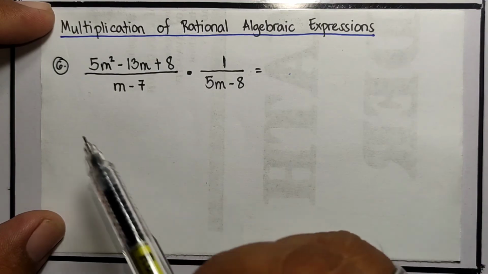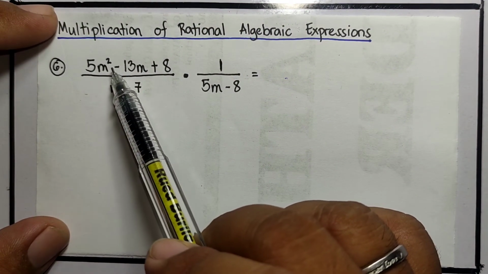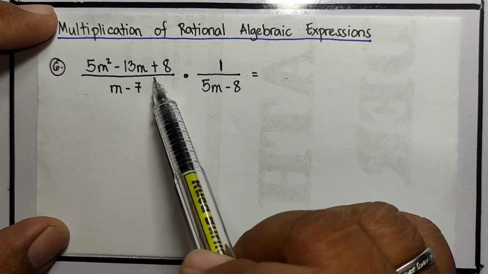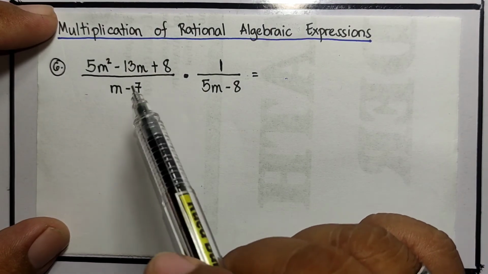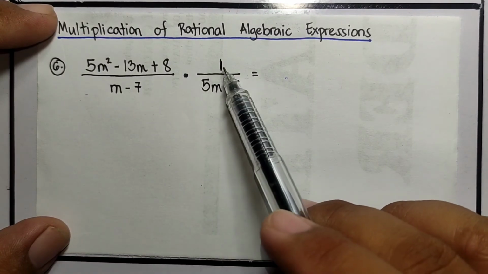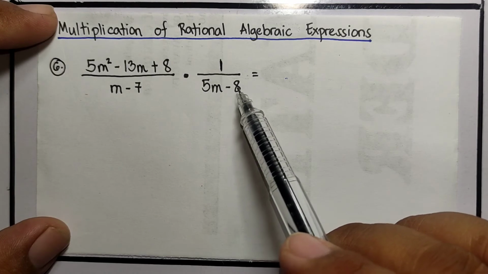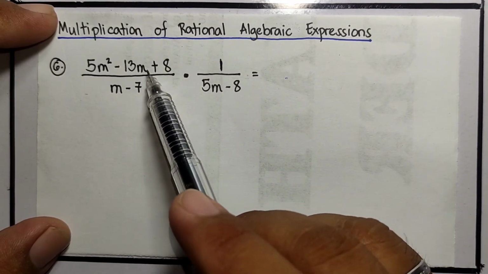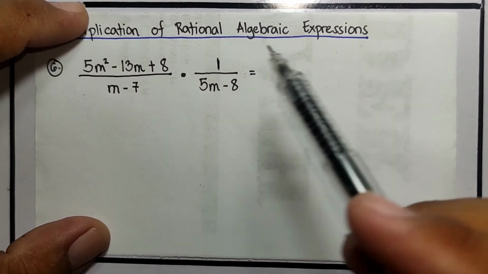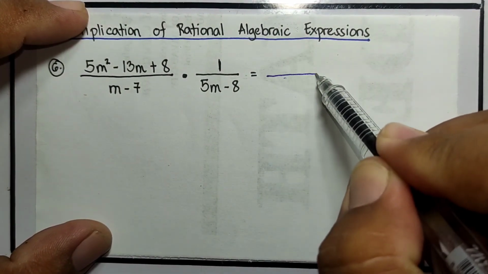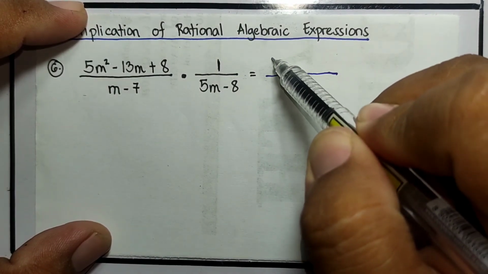Last example tayo. Example number 6. 5m squared minus 13m plus 8 all over m plus 7 times 1 over 5m minus 8. Unang gagawin natin, we need to factor this. I-factor muna natin siya. Sana alam niyo na kung paano yung mag-factor.